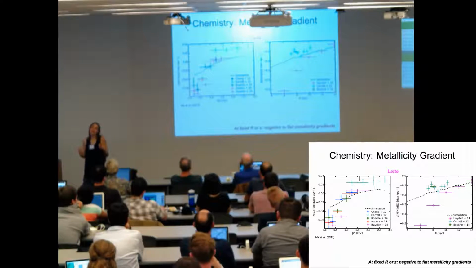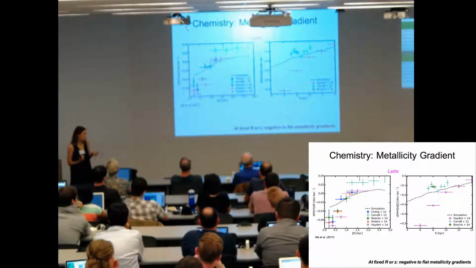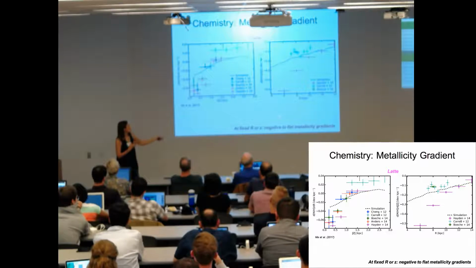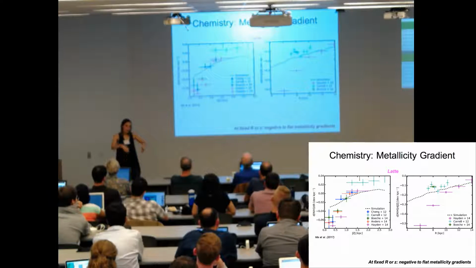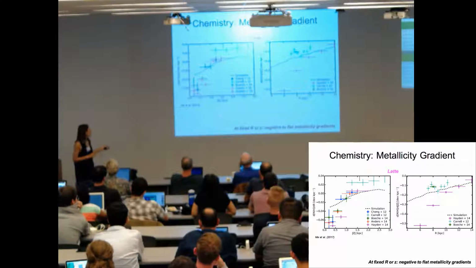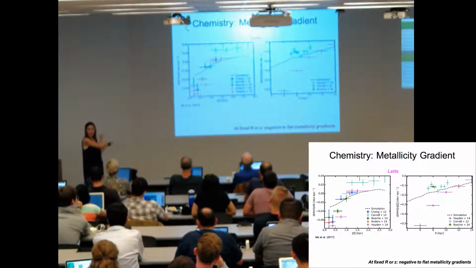The other thing we should ask ourselves is, what does the chemistry look like? Very briefly, we can either fix ourselves at a particular radius and look at the trends in metallicity up and out of the plane of the disk, or we can fix ourselves at a particular height in the disk and look at the trends in metallicity as a function of radius.